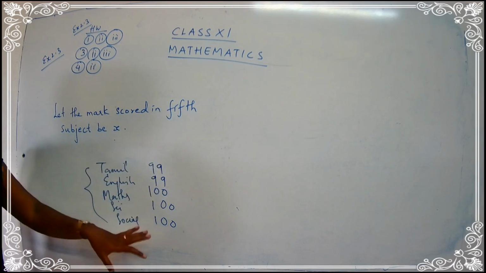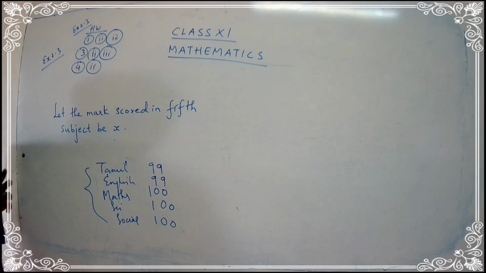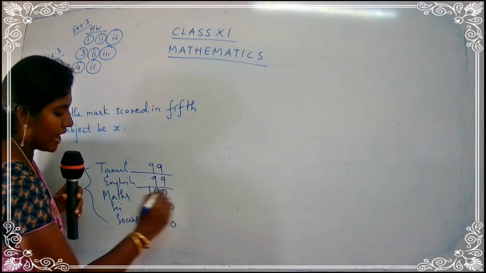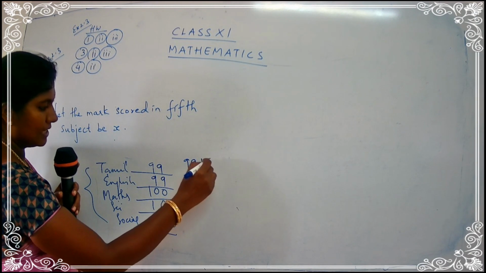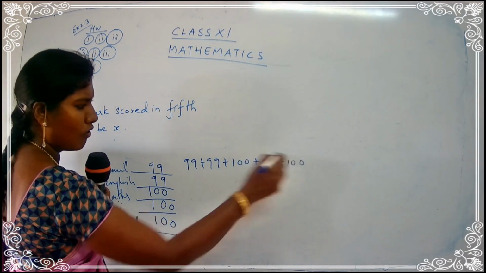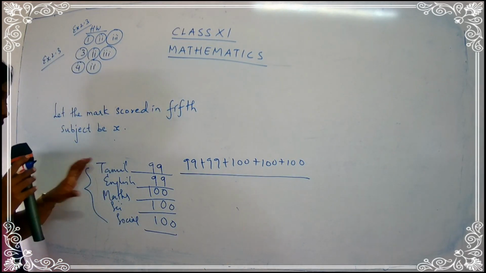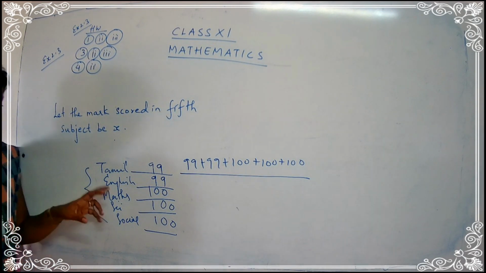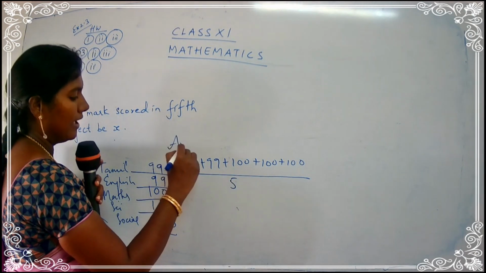So this is the marks scored by a person. How to find the average? You add all the 5 values: 99 plus 99 plus 100 plus 100 plus 100. Then you divide by the total number of subjects. What is the total number of subjects we are dealing with? 5: 1, 2, 3, 4, 5. So divide by 5. This gives you the average.